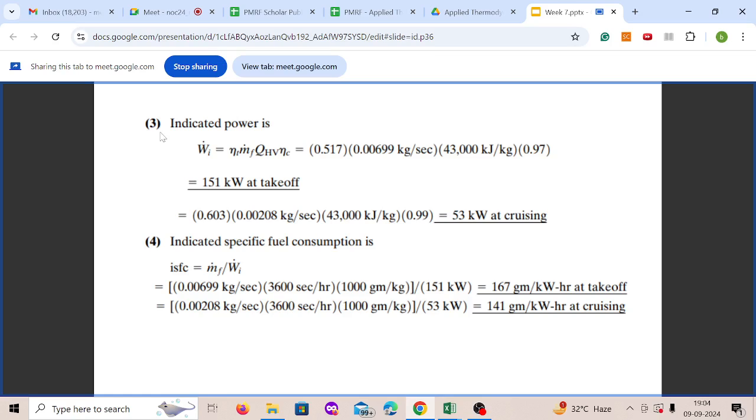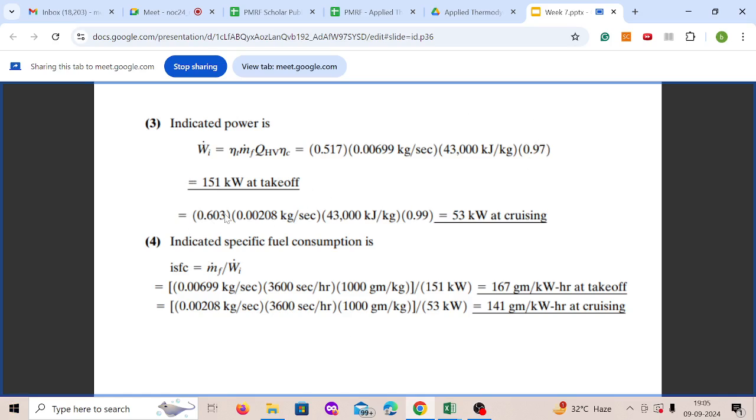So 3 is indicated power. Indicated power is your thermal efficiency into mass of fuel into the calorific value into combustion efficiency. So for takeoff, thermal efficiency 0.517 into mass of fuel 0.00699 into calorific value 43,000 kJ per kg into combustion efficiency of 0.97 gives you 151 kilowatt at takeoff.